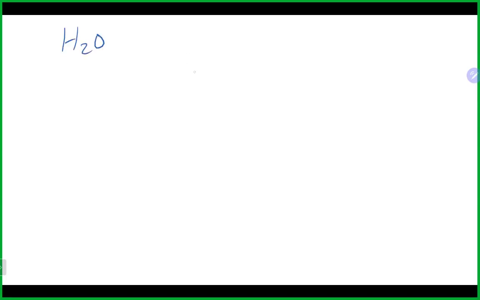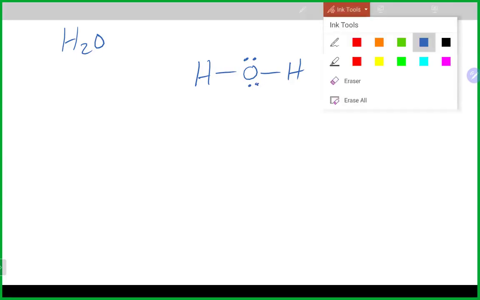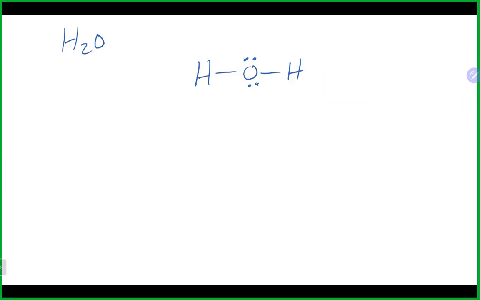Let's take a look at water here. If we draw the Lewis structure for water, it looks something like this. And again, we're going to want to look at the central atom and the number of electron pairs.